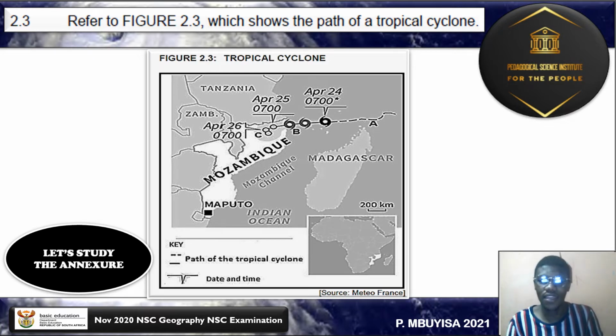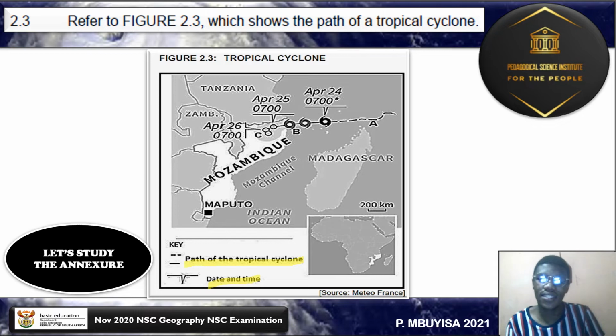If you look at your map, you have the key there, so take note of those features. The key says part of the tropical cyclone, which is demarcated by the dotted lines and the solid lines. Then we have the date and the time demonstrated by the arrow features on the map.